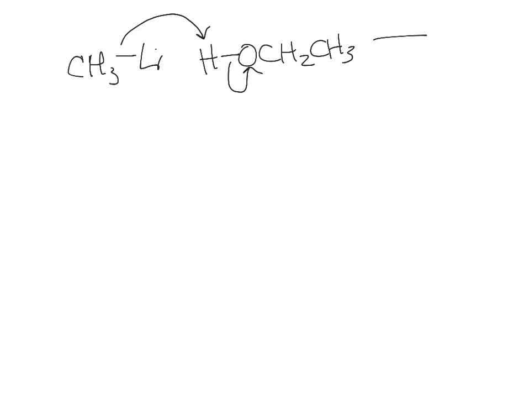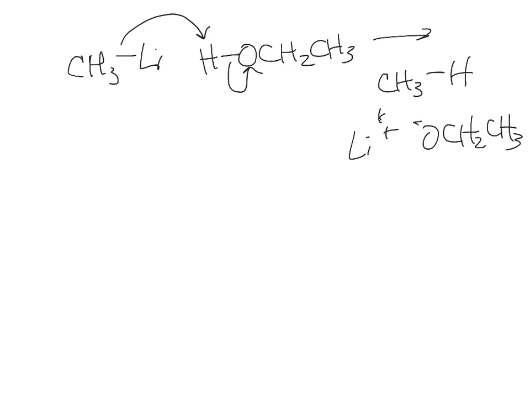Those electrons will go there, and you end up with a hydrocarbon and an alkoxide ion, or in the case of water, you would have a hydroxide ion. So we need to be aware of this, not because we want to make alkanes, but because these can be side products if you don't have your reaction completely dry without any water or any alcohol in it.